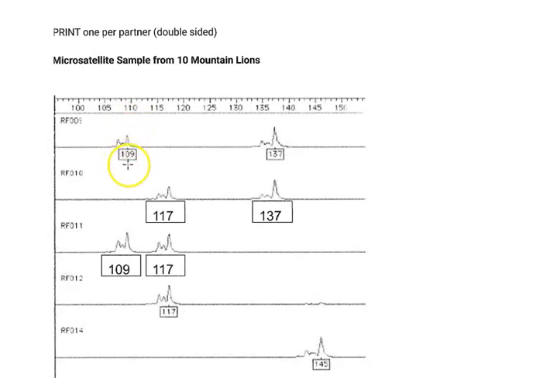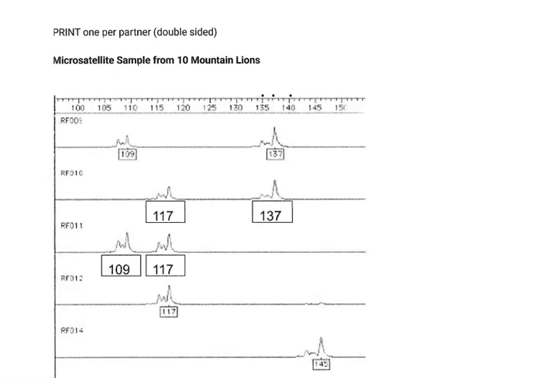Look at here. At marker 109, you have 2 peaks. And at marker number 137, how do I know it's 137? Because this is 135 right here, and then this is 140. Each one of these lines is a marker, so this is 137 there in the middle.